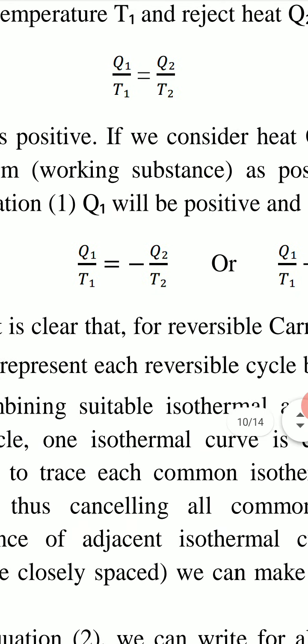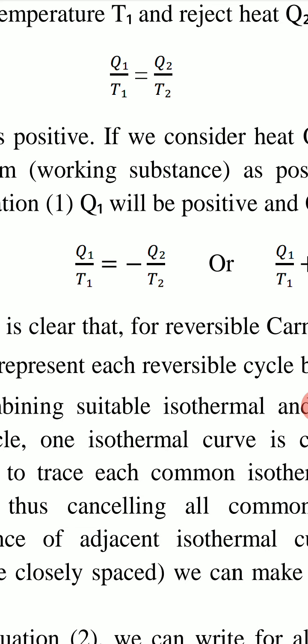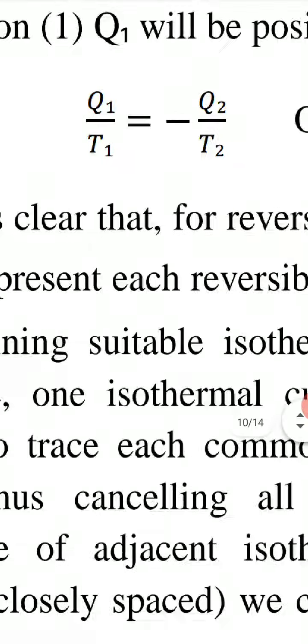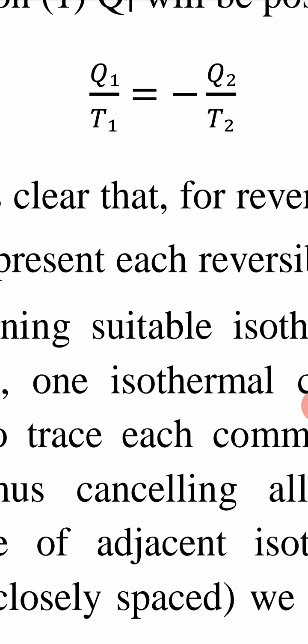Here Q1 is heat extracted from the source, heat taken by the working substance, and Q2 is the heat given by working substance. If we consider heat taken as positive and heat given by the substance as negative, then heat Q1 will be positive and heat Q2 will be negative. So we can write Q2 as negative.